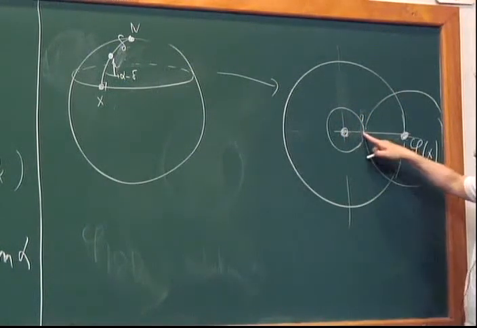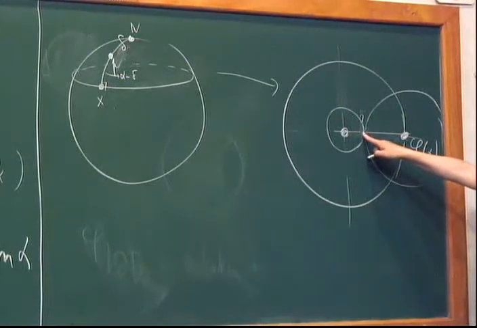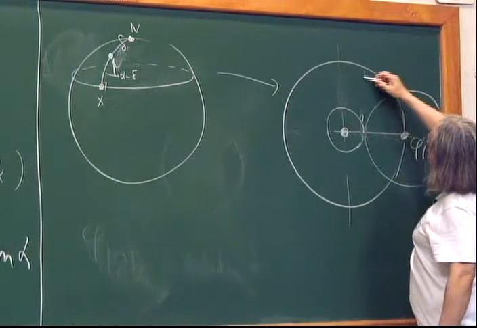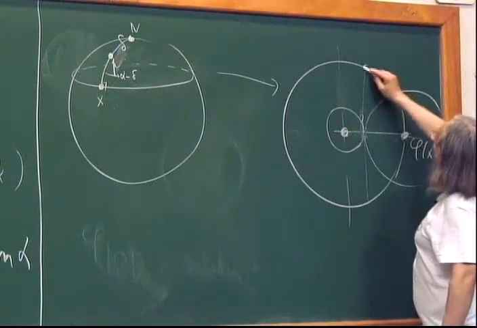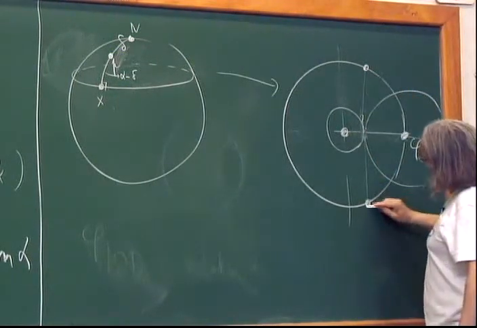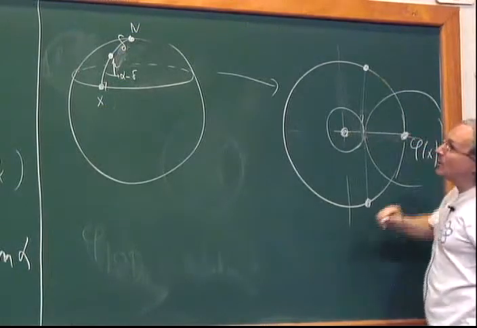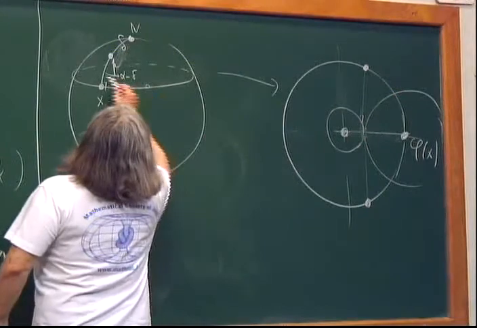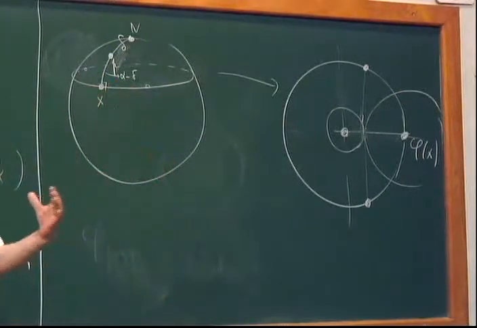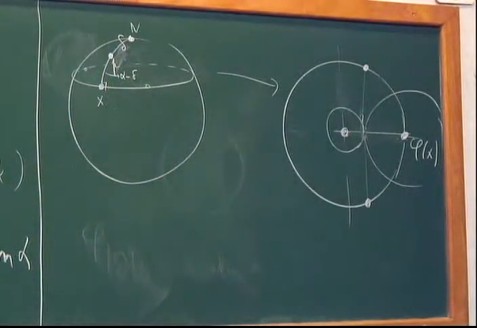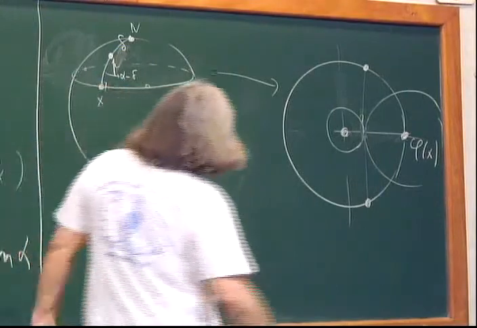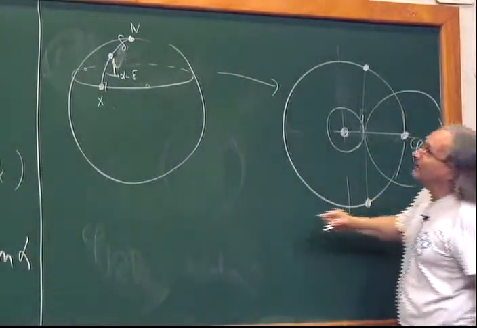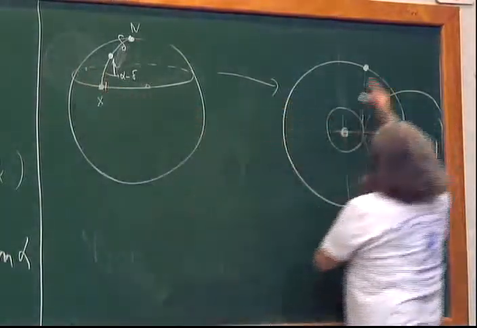Now I claim it has to be exactly here. Why? Look, for example, at these 2 points. They come from 2 points here. But I know on the boundary the map is a rigid motion. So these 2 points here are mapped to these 2 points here.